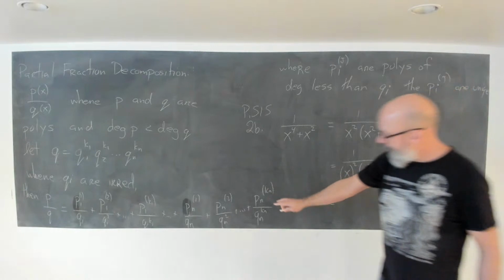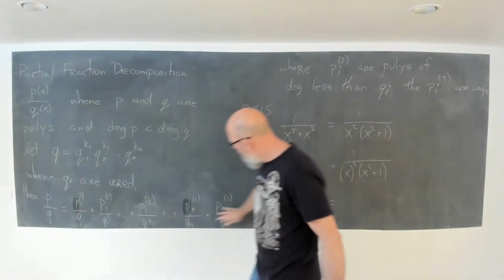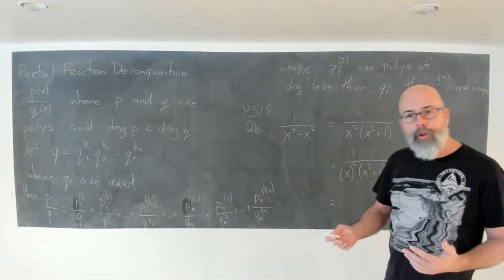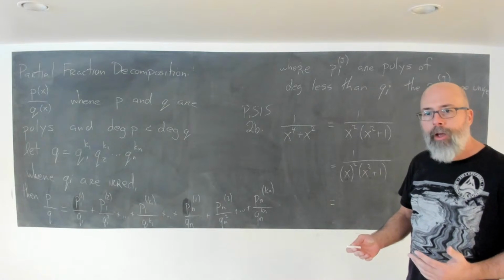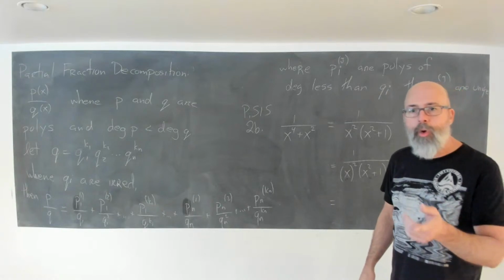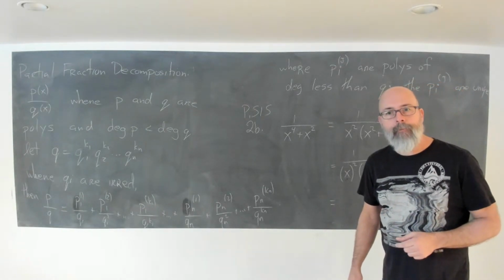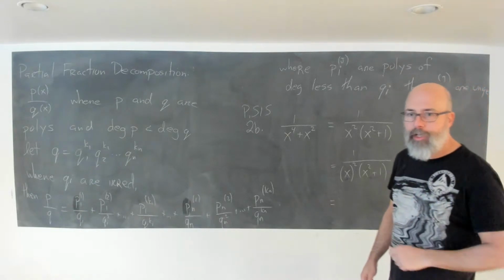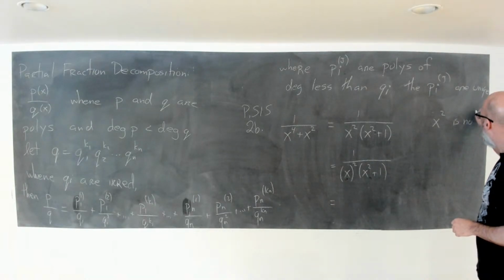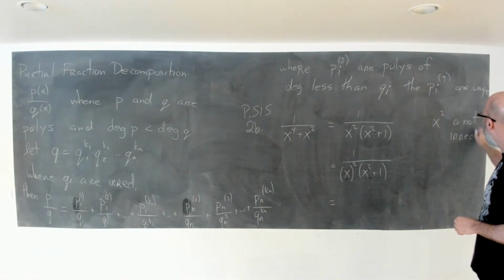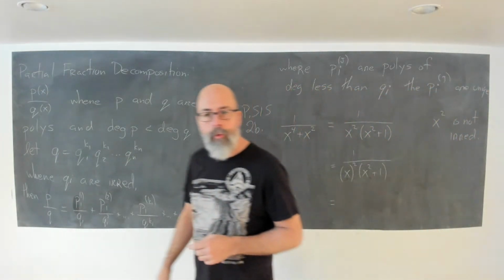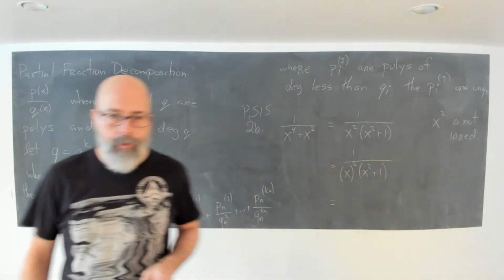What partial fraction decomposition says, what this big statement here says, is concentrate on the first irreducible polynomial. Why don't we keep x squared as it is, since it's irreducible already? It is not. X squared is not irreducible. Convince yourselves that x squared is not irreducible. Because it's a polynomial of degree 2, but it has real roots, namely 0.